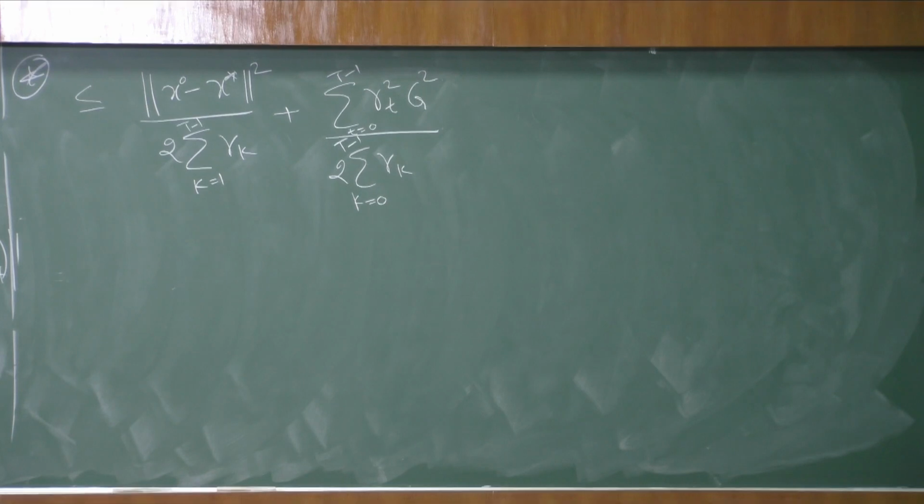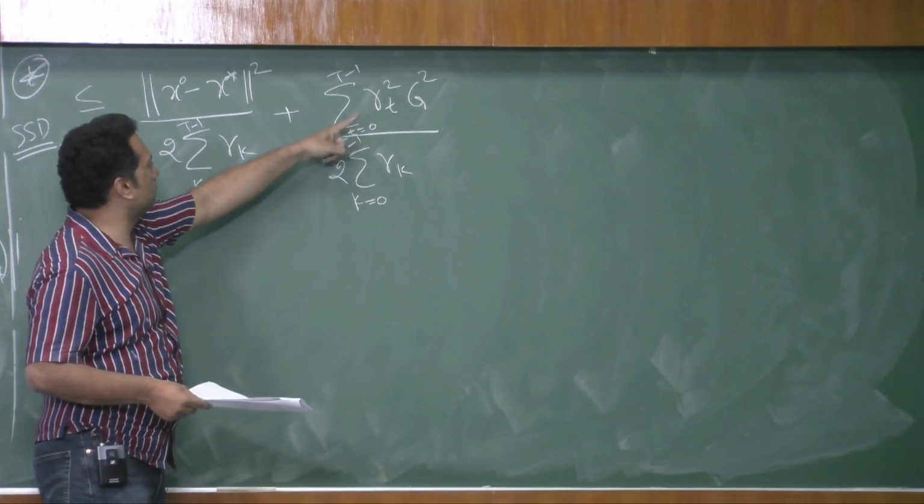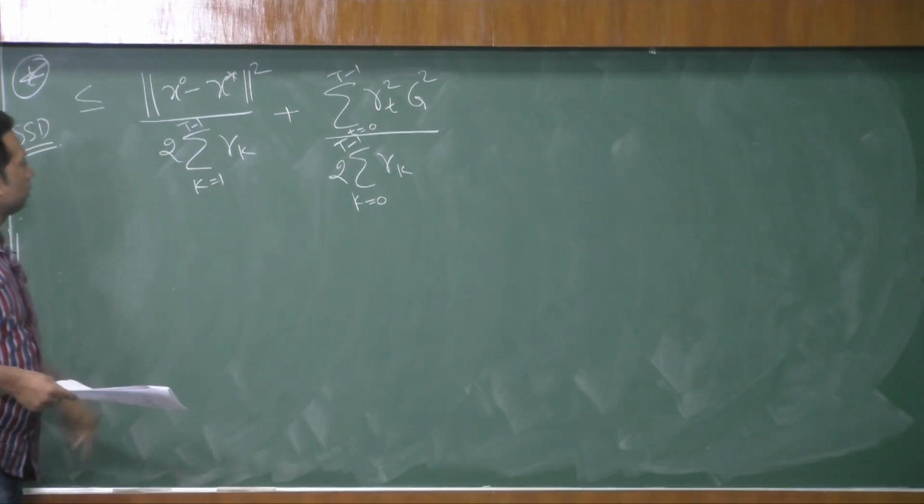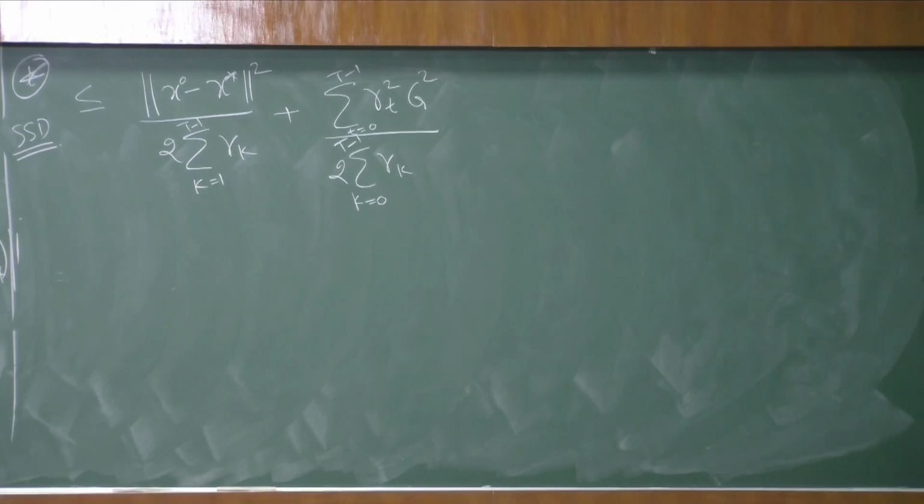So this is the basic result for stochastic subgradient descent, which we call SSD, okay? Now you can see the forms are very similar. The choices of step sizes that you will choose are looking very similar. So for different choices of step size, we can simplify this bound.